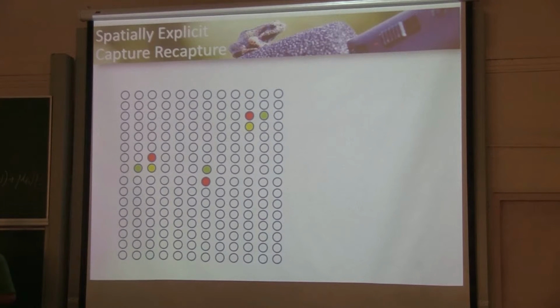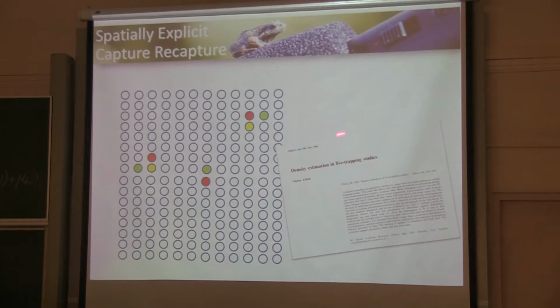You can estimate all sorts of parameters, but you have a population estimate in space, but you don't know where the limit to that estimate comes from. What you get with the spatially explicit capture-recapture is that you get a density estimate. So you get an estimate of individuals within a certain amount of space.